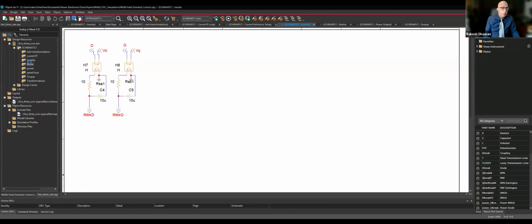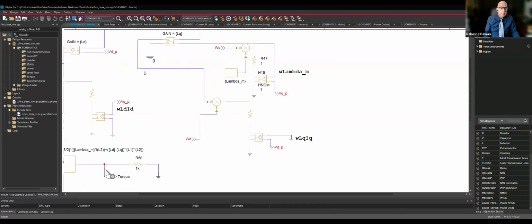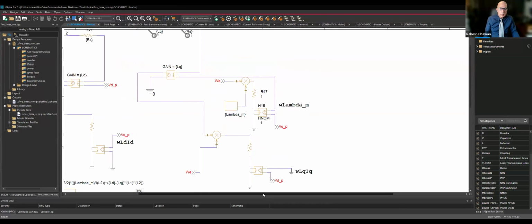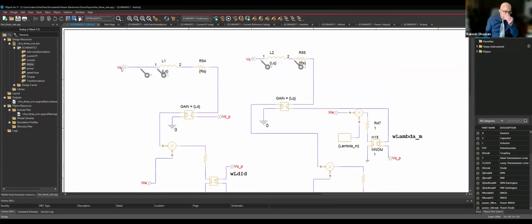First, this is the motor model, with VD and VQ. If you look at your equations, I apologize, I may have to go back and forth between the PowerPoint and this.